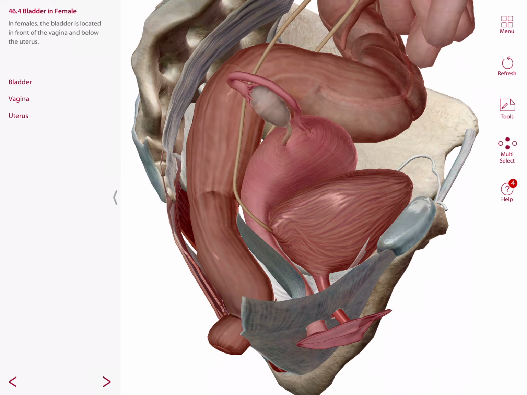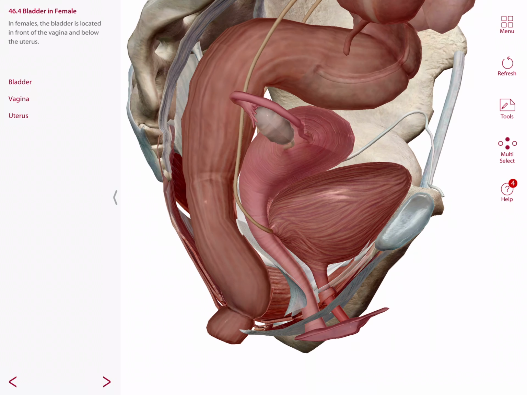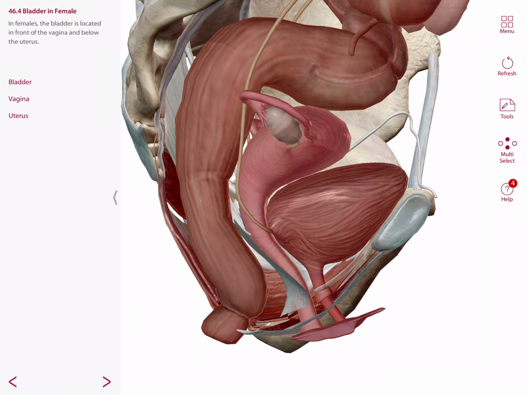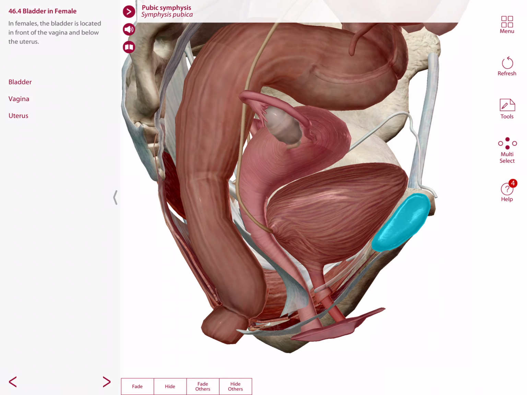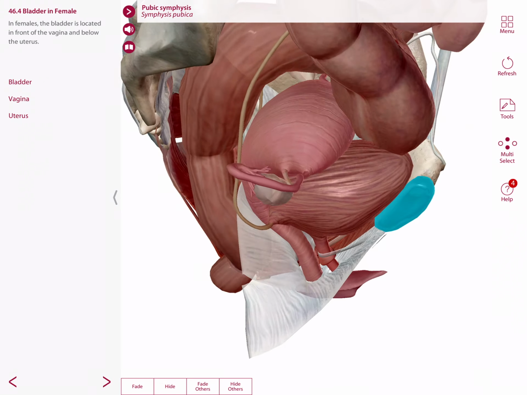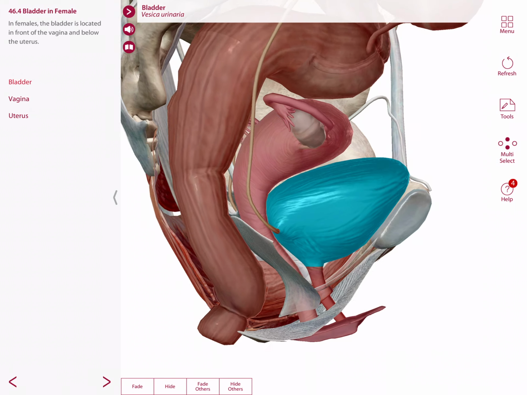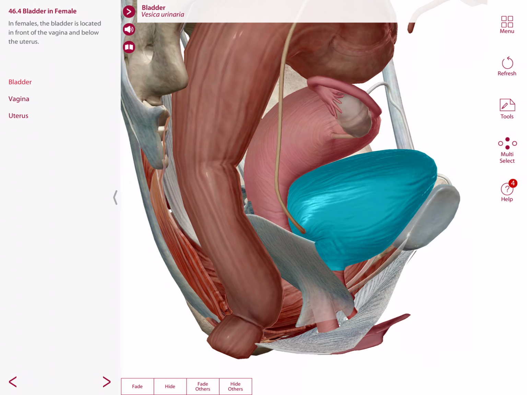Now here is a female, half a pelvis. We've got a few things removed here, so we're going to look at where things are in position. So here's the pubic symphysis. This would be anterior. So there's anterior. You can see the vestibule, bladder. This is the uterus right here. So we've got the urinary bladder. Let's see if it cuts anything away when we touch this.